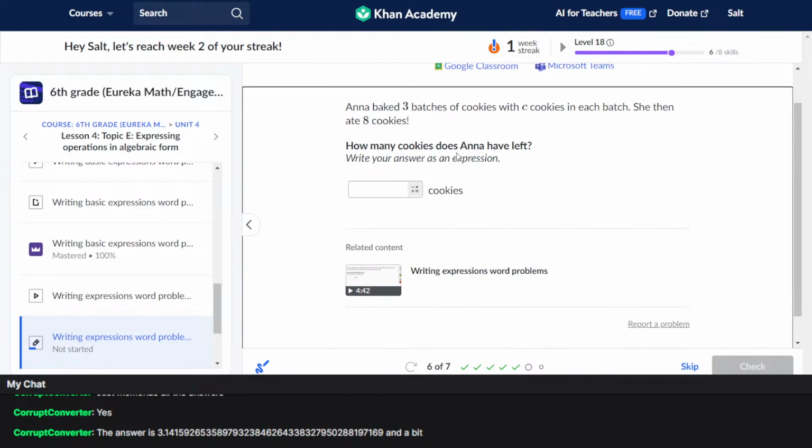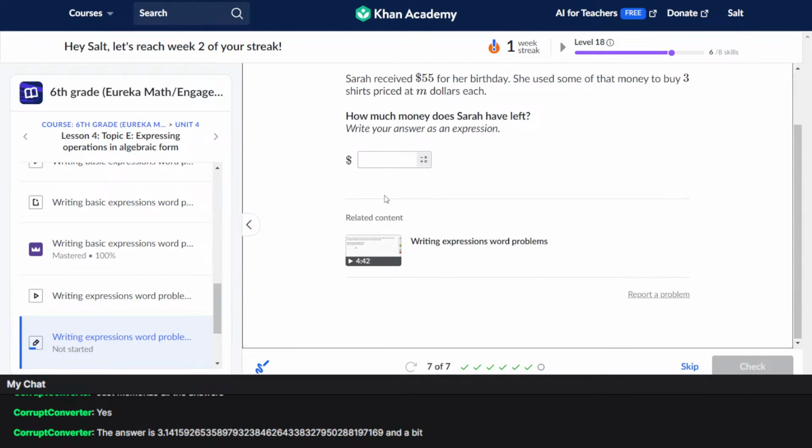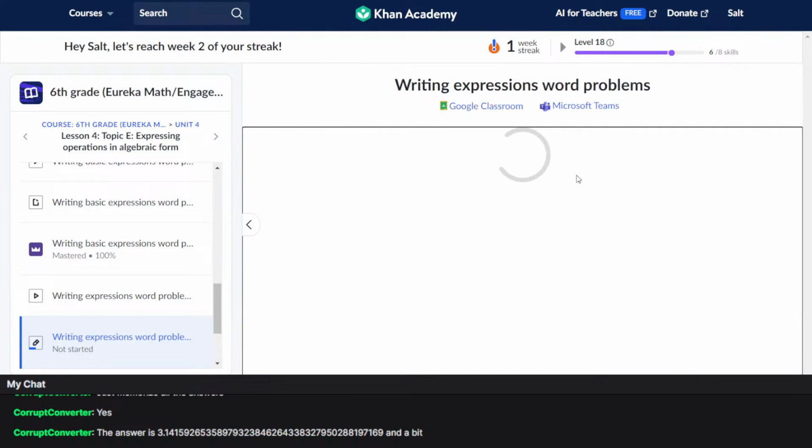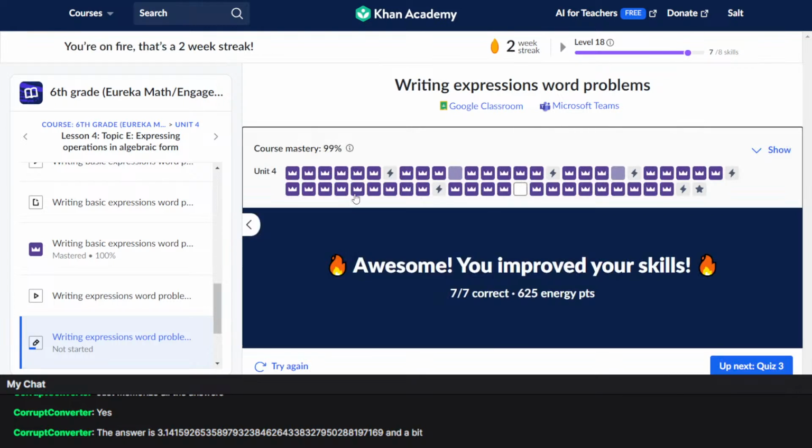3 batches of cookies. She wants to buy 3 shirts for $7 each. Yay!